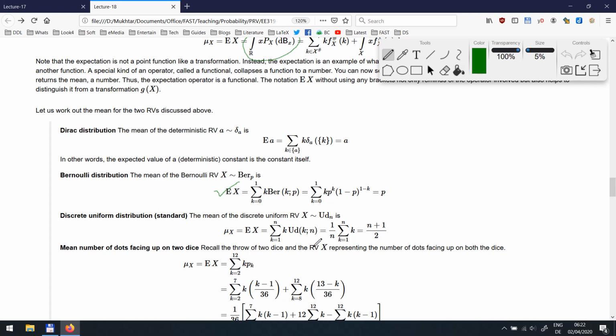If you remember, the relative frequency in the long run was also viewed as the average occurrence per trial. And we know a Bernoulli random variable is an indicator function.